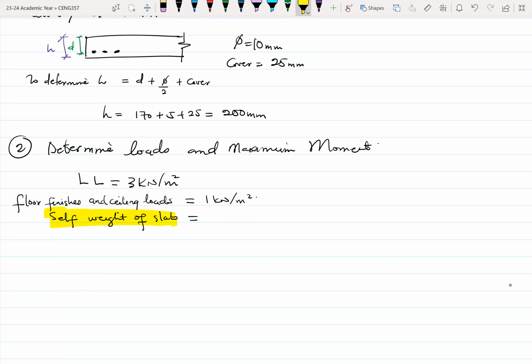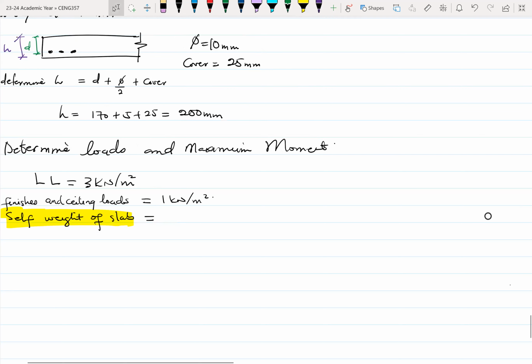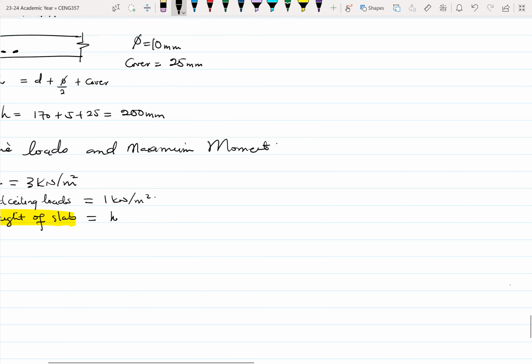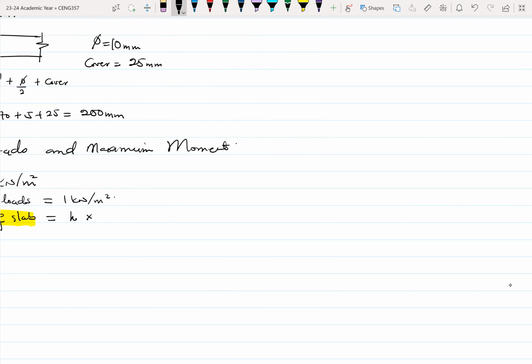For this example, we're actually finding the load coming from the self weight. And to do that, we need to find the overall depth H times the specific weight of RC, reinforced concrete.